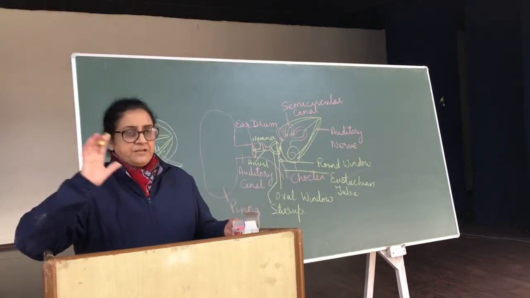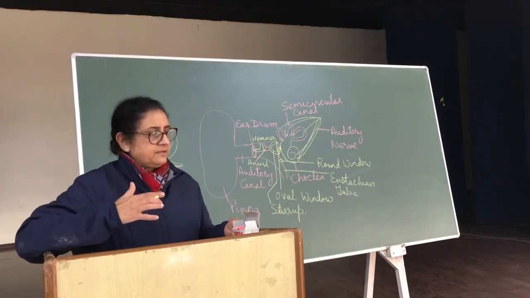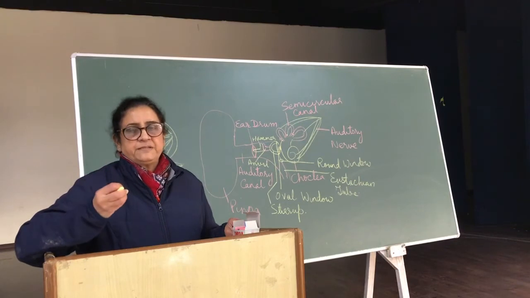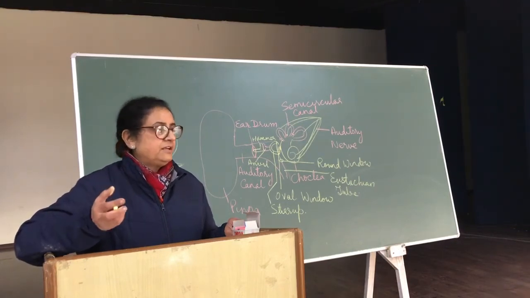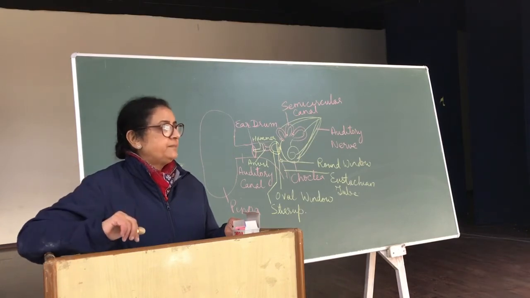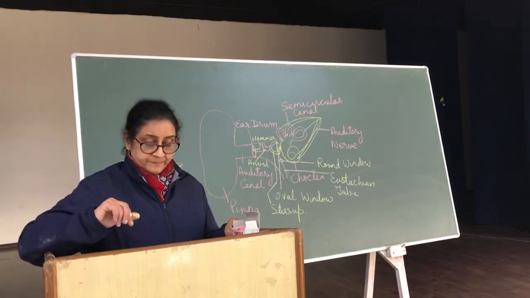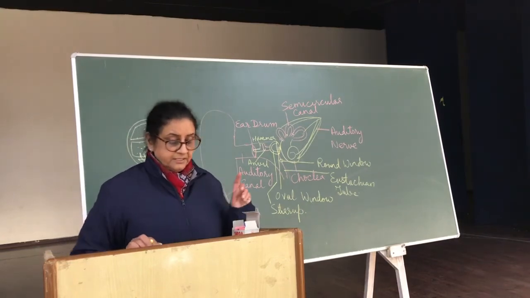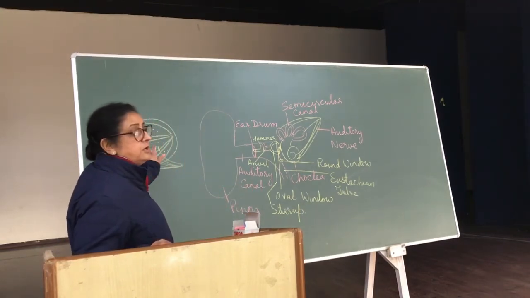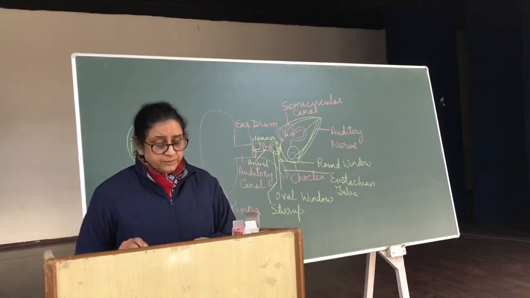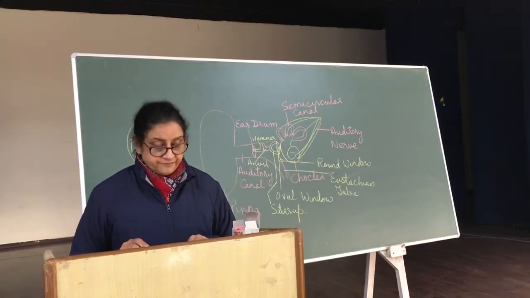So when vibrations reach this part of the ear, the fluid vibrates. That sensation is picked up by the sensory cells and we are able to hear with the help of the auditory nerve which carries the impulse to the brain. And it says the median canal, the middle canal, is filled with a fluid called endolymph.